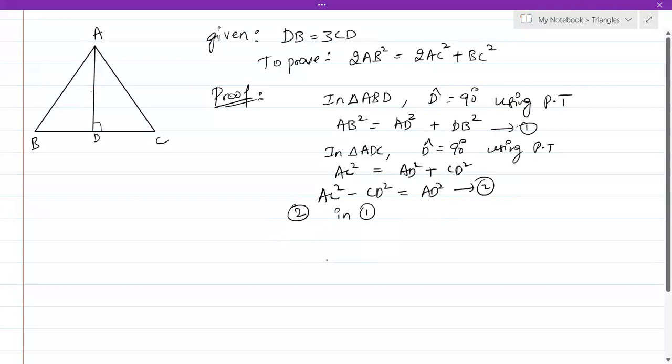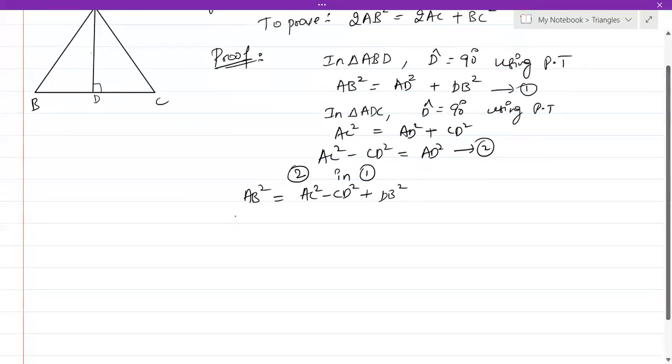Substituting equation 2 in 1, our 1 is AB square equals AD square, right? In place of AD square, we can write it as AC square minus CD square plus DB square. Now we know that in the question they have given DB value as 3CD.